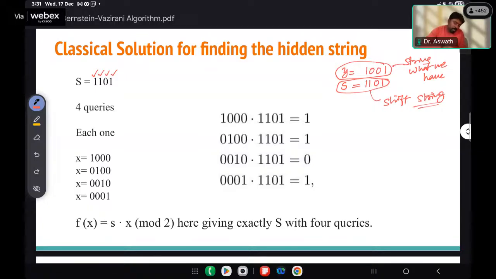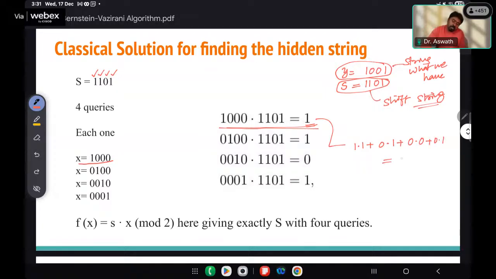How do I do it? I will take my x as 1, 0, 0, 0 and multiply it with s, and I'll get an output. This is a bit by bit multiplication and addition. If you carefully see, the output is 1 into 1 plus 0 into 1 plus 0 into 0 plus 0 into 1.